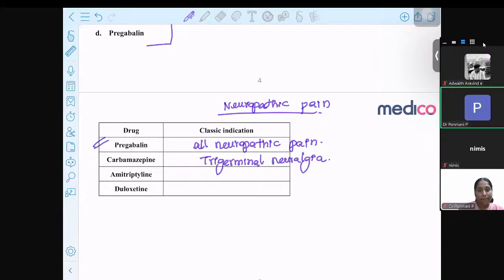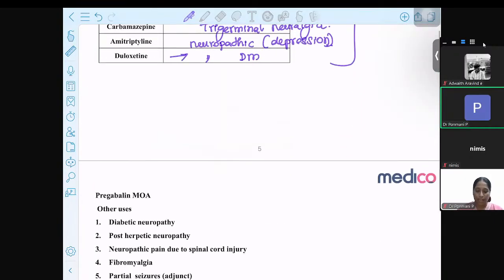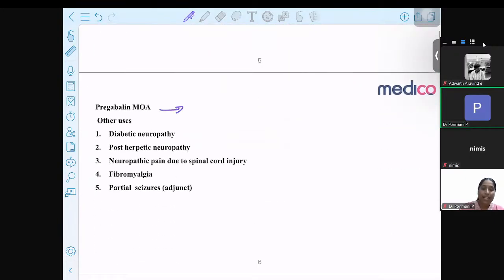And amitriptyline can also be used for neuropathic pain, especially if it is associated with depression also. And duloxetine can be used for neuropathic pain which is associated with DM. So all these drugs are used for neuropathic pain. Now, how does this pregabalin work? This pregabalin inhibits the calcium channel.